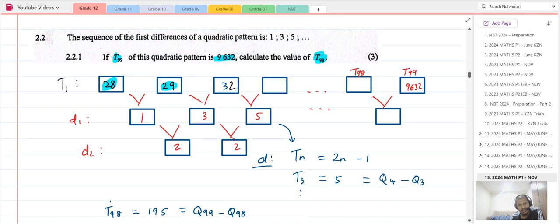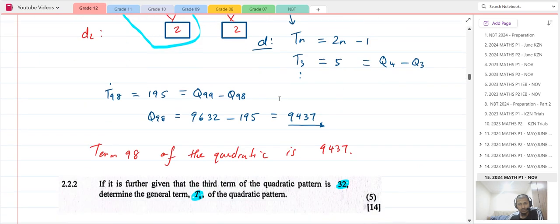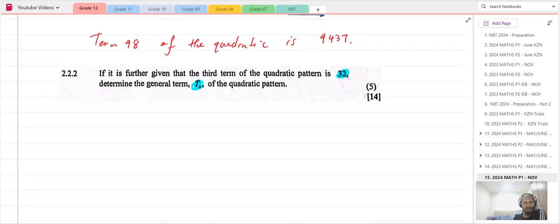So we added 1, we added 3, we added 5, and so on. Now we can work with this to find the quadratic pattern. Using the formulas, 2a is equal to d2, 2a is equal to 2, therefore a is equal to 1.